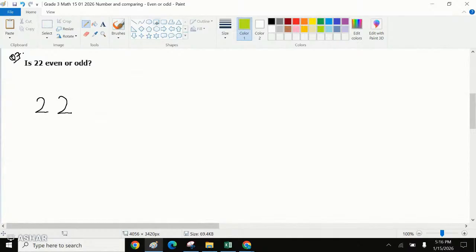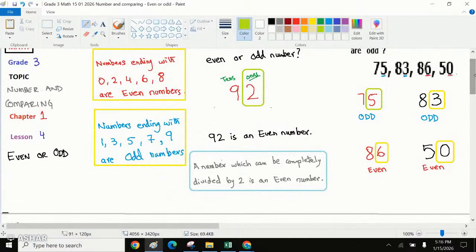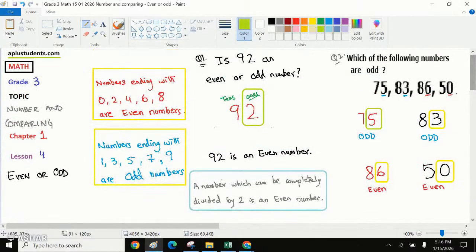We know that 22 is ending with a 2, and anything that ends with a 2, we had this statement over here already: the numbers ending with 0, 2, 4, 6, or 8.